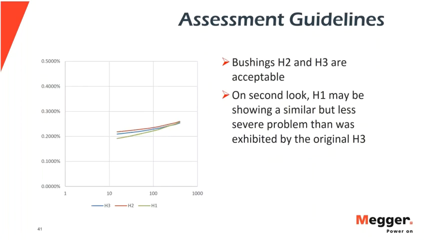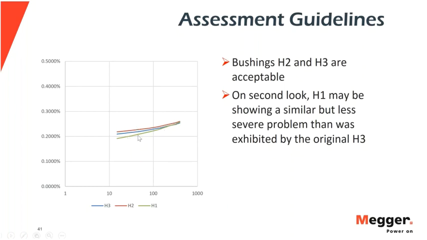replace it anyway. After the bushing was replaced, they repeated these narrowband DFR tests. You can see that bushings H2 and H3, remembering H3 was the one that was replaced, here in blue, look quite nice with the narrowband DFR results.